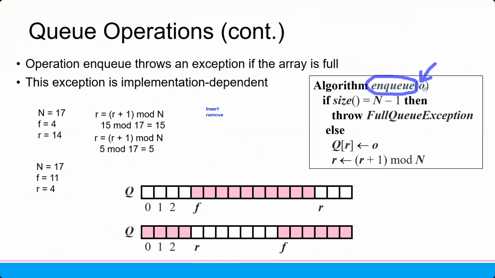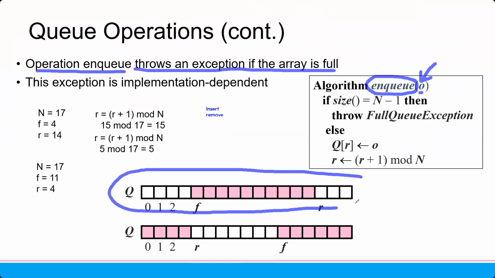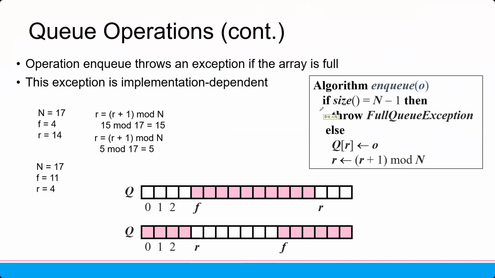The object can be anything, a number or a string. The operation enqueue throws an exception if the array is full, because we already know that this array contains only N size.